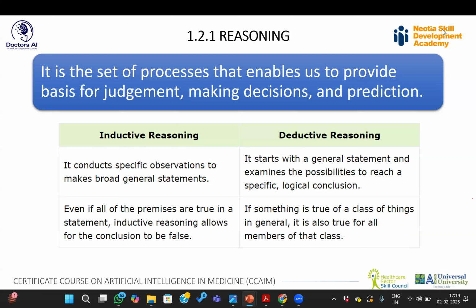So inductive reasoning, where you induce, so it conducts specific observations to make broad general statements, right? That is inductive reasoning. And deductive reasoning starts with a general statement, examines the possibility to reach a specific and logical conclusion. So these are the two types of reasoning that you look at, inductive and deductive reasoning.